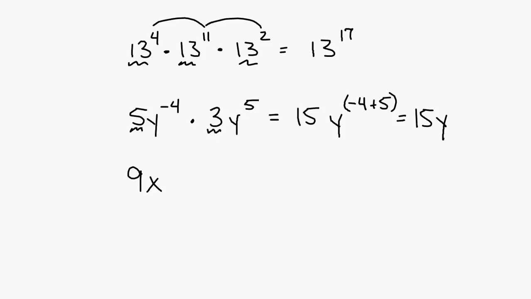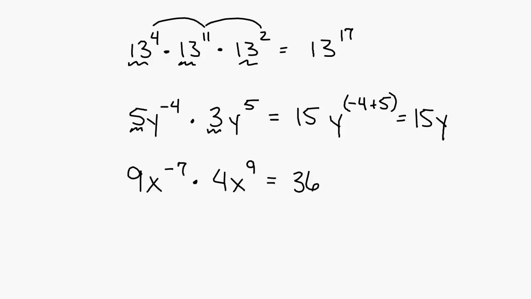9x to the negative 7th times 4x to the 9th. Same concept. You take the 9 times the 4, which is 36.